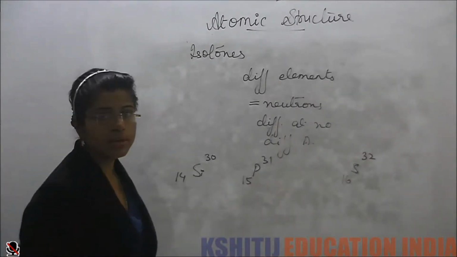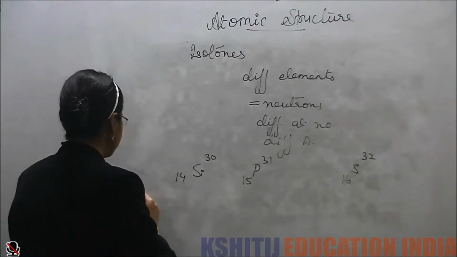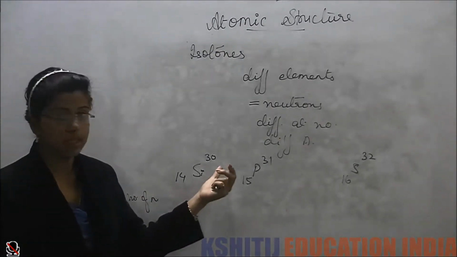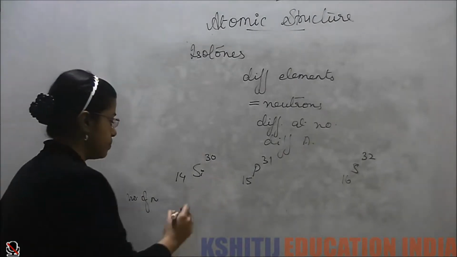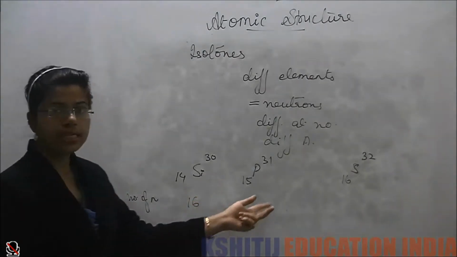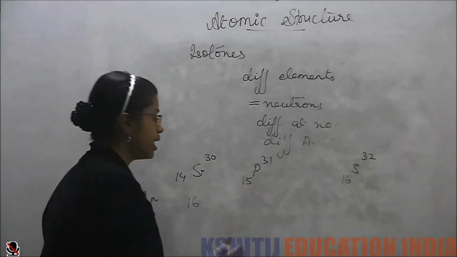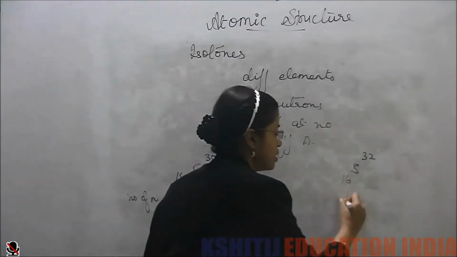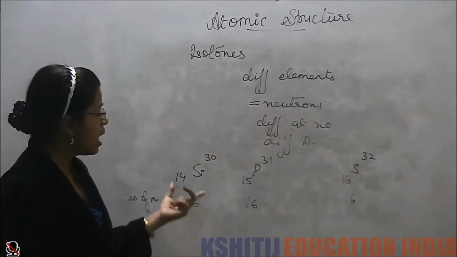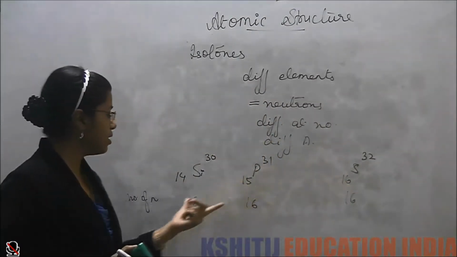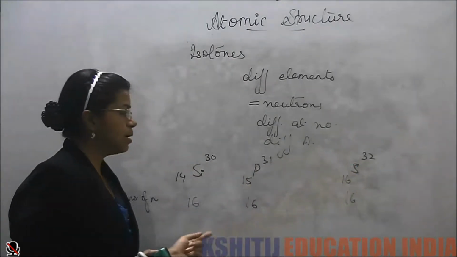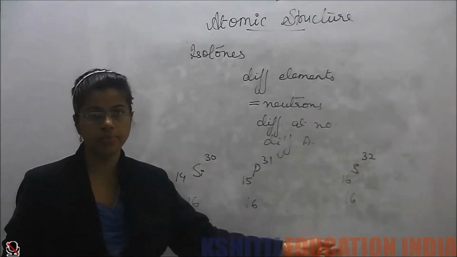Let us find the number of neutrons. Number of neutrons here, 30 minus 14, 16. In this case, 31 minus 15, again 16. 32 minus 16, again 16. So you can see atoms of different elements having different mass number, different atomic number, but the same number of neutrons.